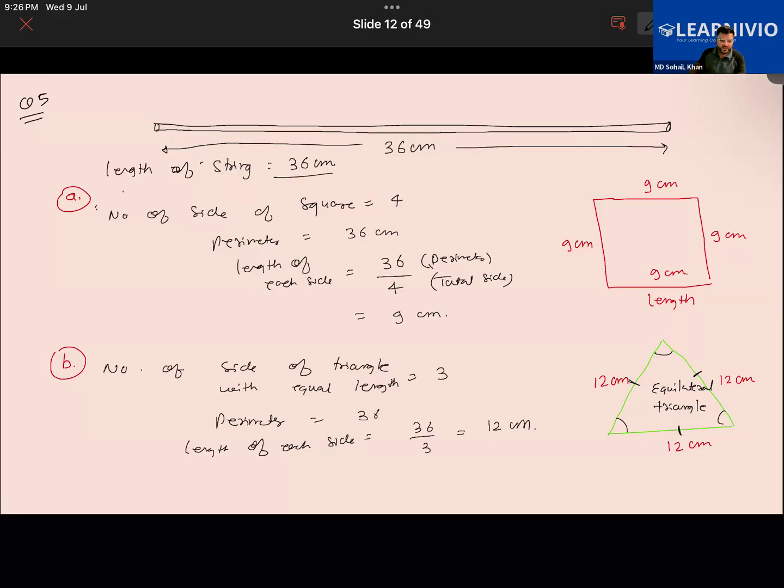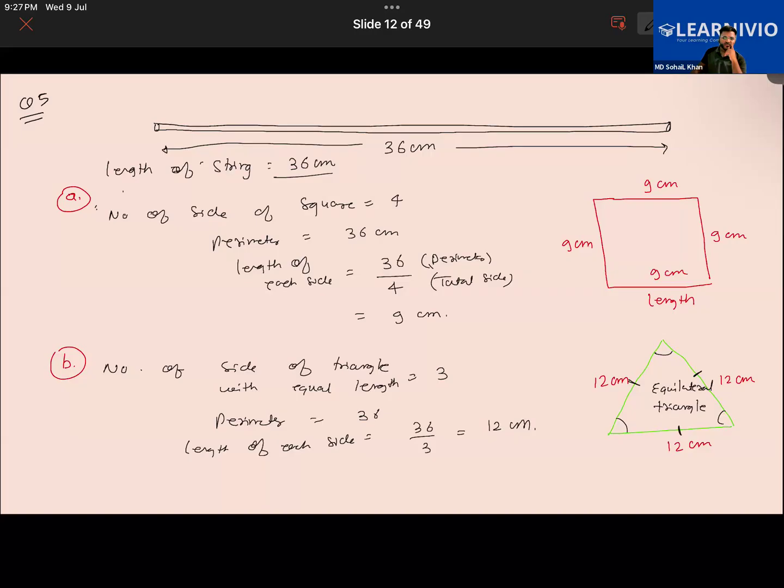Habib, have you noted it down? Turn your camera on. No, I didn't write. Why are you not writing it down then?